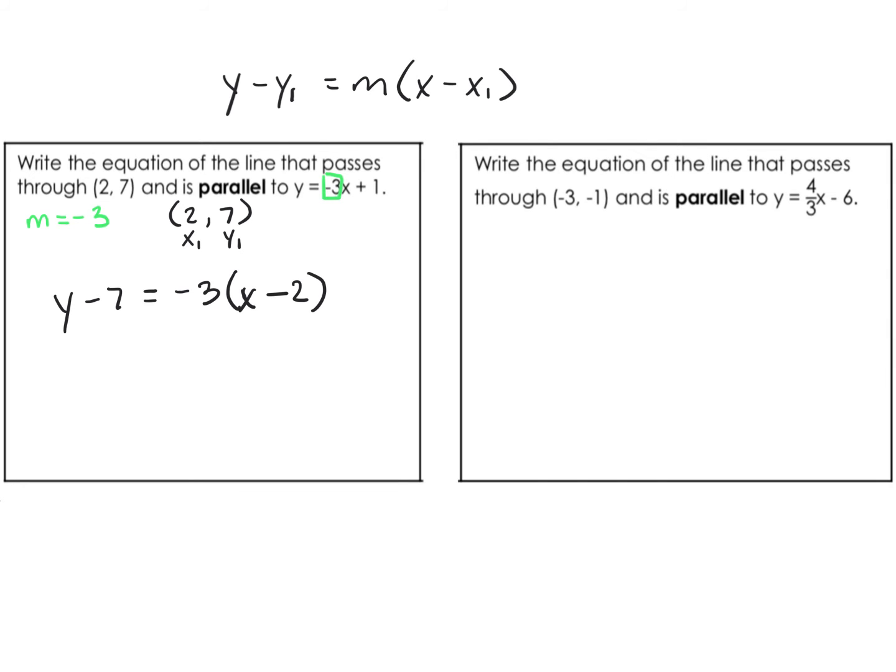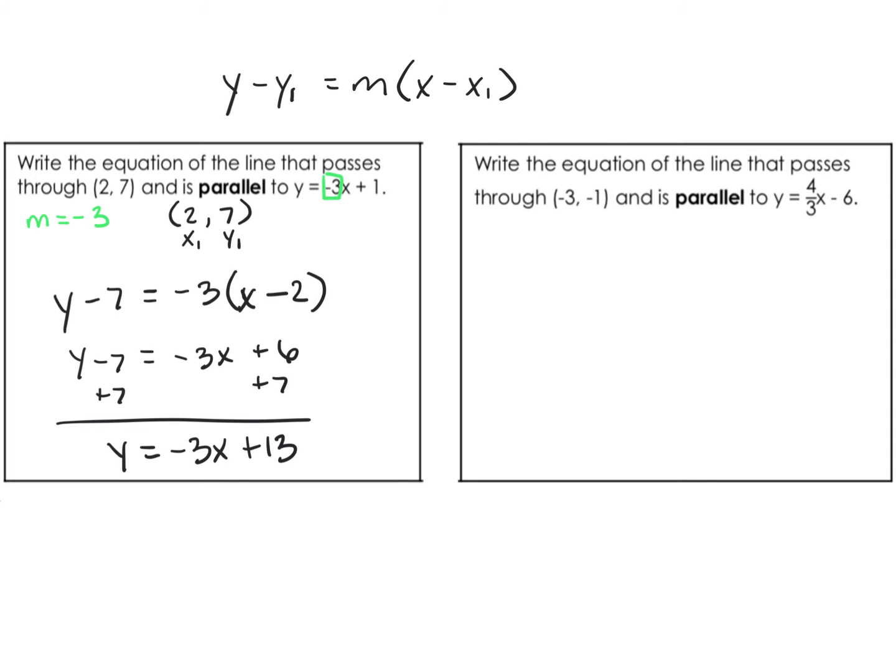And we need to distribute: y minus 7 equals -3x plus 6. And the last step is to add 7 to each side, and we get y equals -3x plus 13.